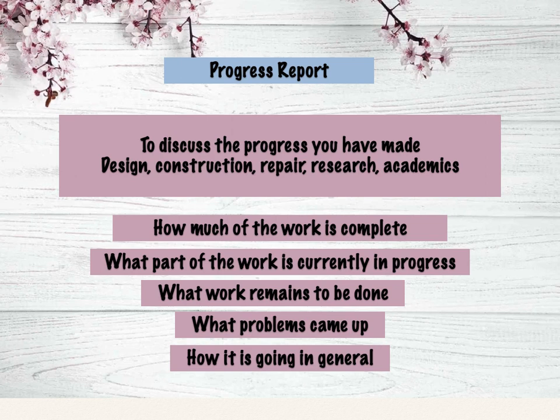So what is the main necessity for a progress report? A progress report will tell you how much of the work is complete, what part of the work is currently in progress, and what work remains to be done. It also covers the problems that you faced during the first part of your work, and how it is going in general.